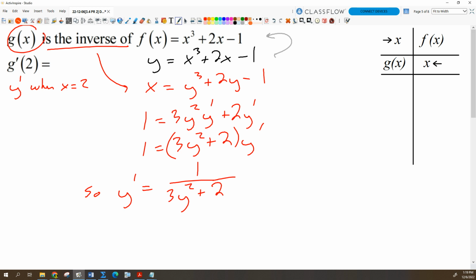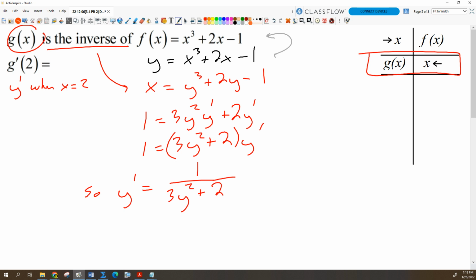We just have to go back here and interpret that. Okay, so now if we wanted to evaluate y prime when x equals 2, when we're talking about the inverse, this would be the inverse row, correct?